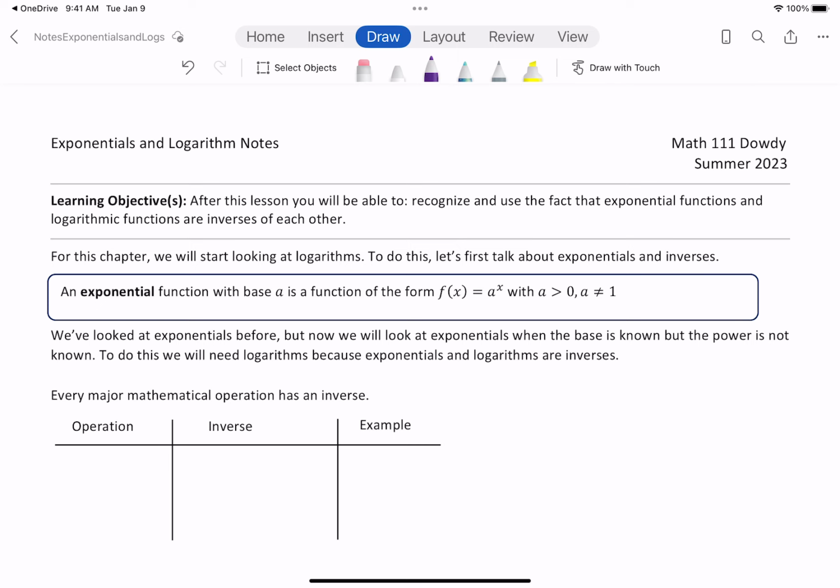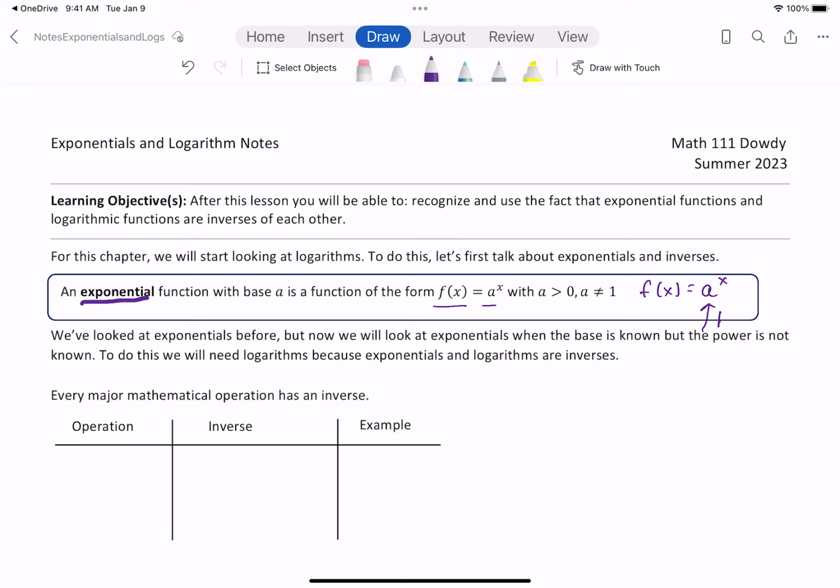So we've dealt with exponentials before. An exponential function with a base of a is just in the form f of x, remember that's my function notation for y, is equal to a to the x. So here f of x equals a to the x.